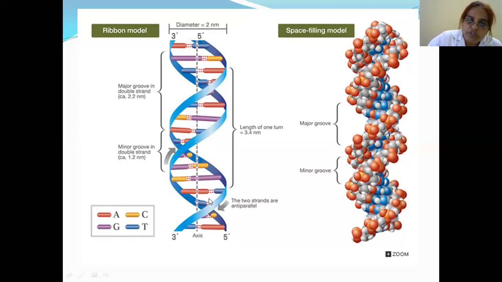The distance between the base pairs is 0.34 nanometers. Of the two strands, the one containing the genetic information is known as the sense strand, and the other as the anti-sense strand. If you learn the DNA structure properly, the structure itself gives the answer.